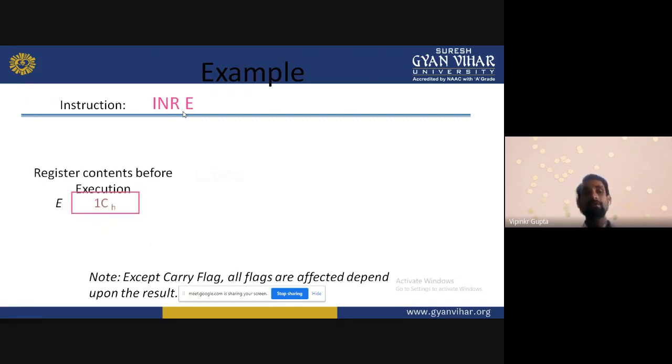Suppose we increment E. That is called INR E, or increment E. So how will we do the increment?